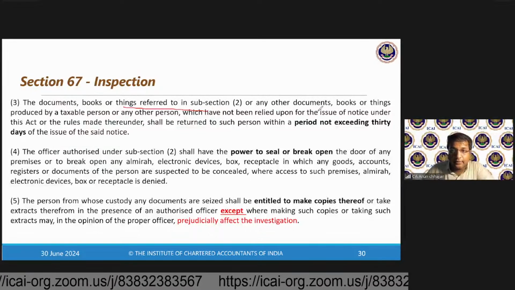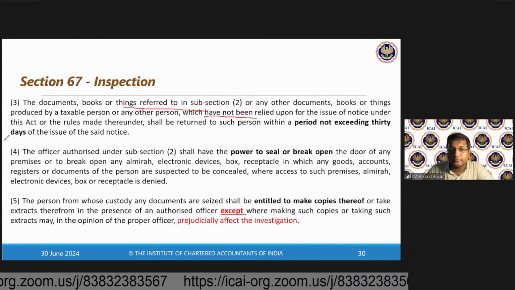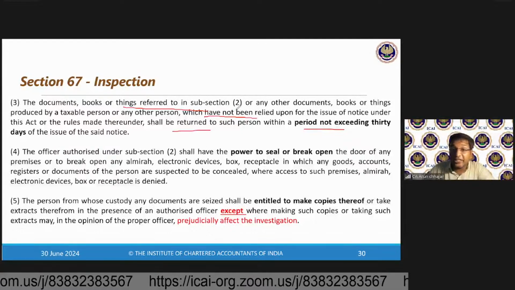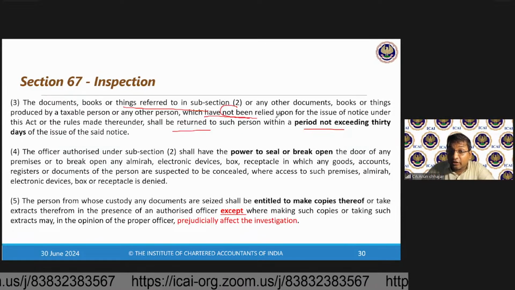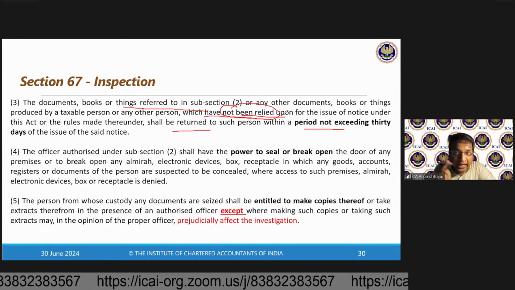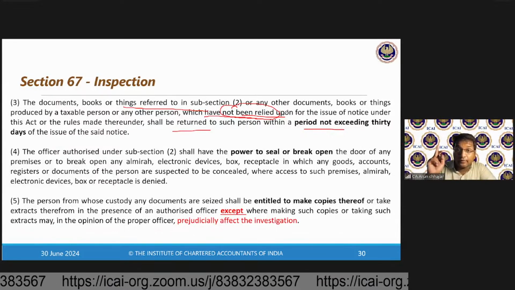Document, books, or things which have not been relied upon shall be returned not later than 30 days. Please note which they are talking about, not being relied upon. If the officer says that it is being relied upon, then they can keep it for an unlimited time period possibly.